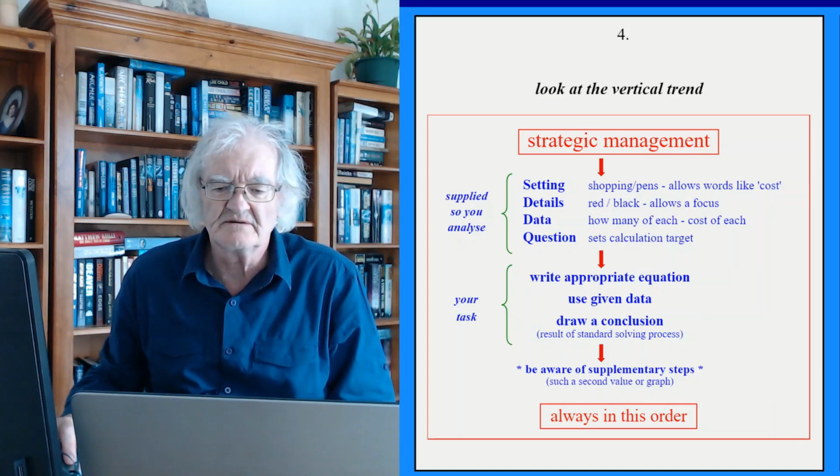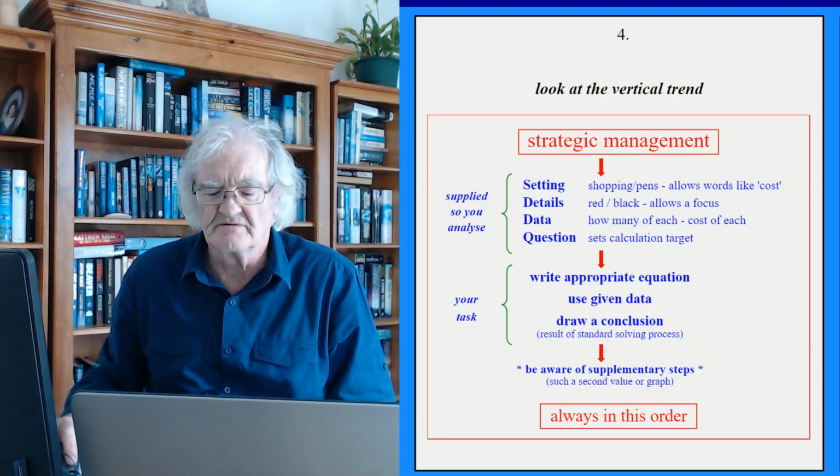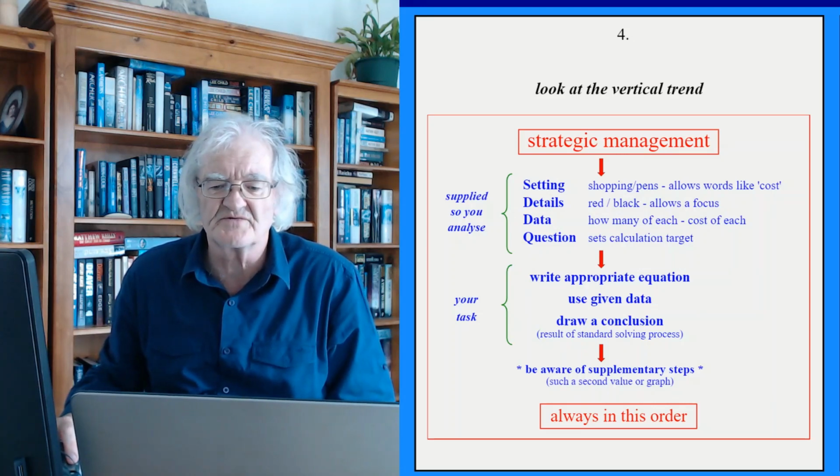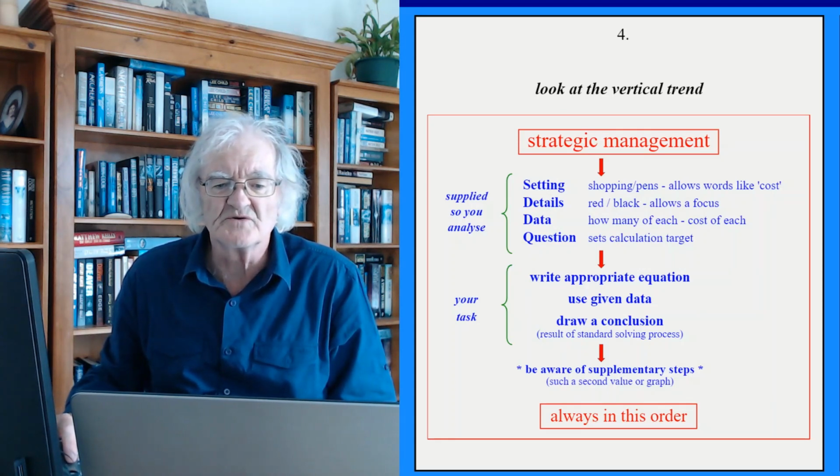What you did was write an appropriate equation, use the given data, draw a conclusion, using the standard solving process. In the last question, you had to be aware of the supplementary step, and in general that means draw a graph or find a second value. The problem is always tackled in this order.